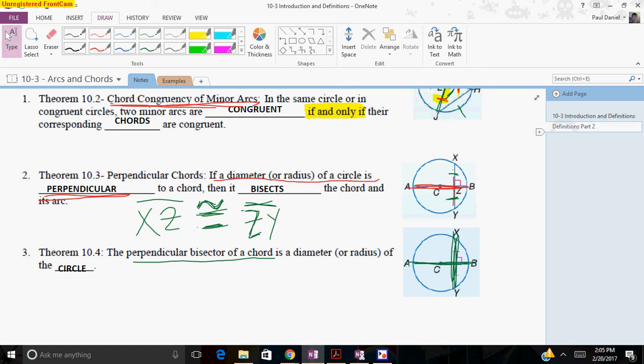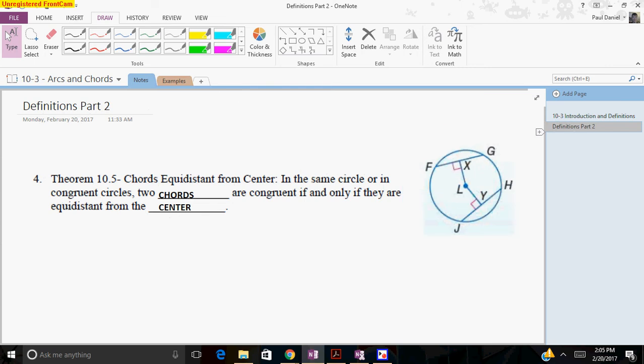Alright, and the last piece of information we're going to need for this particular chapter is if we have two chords in the same circle or in congruent circles, they are going to be congruent if and only if they are equidistant from the center.